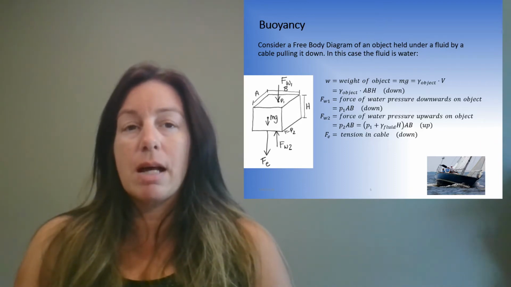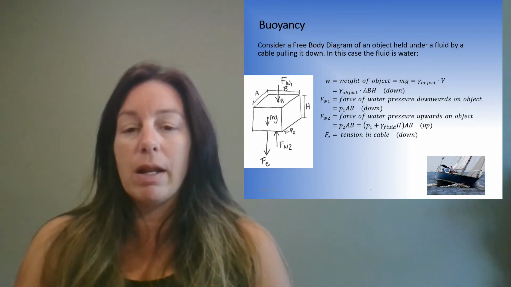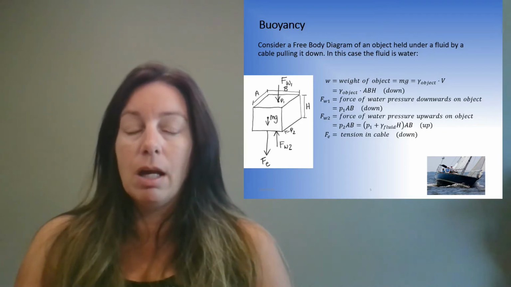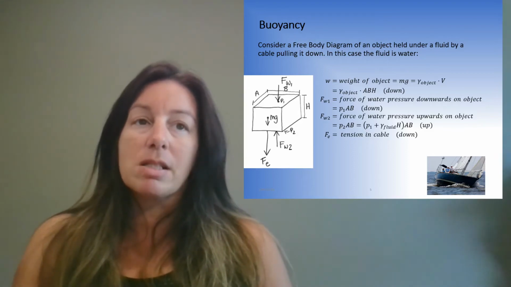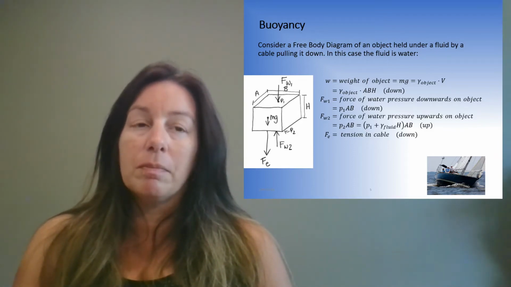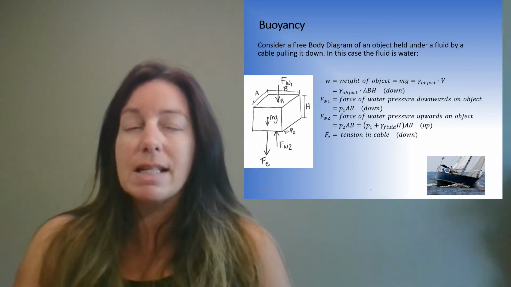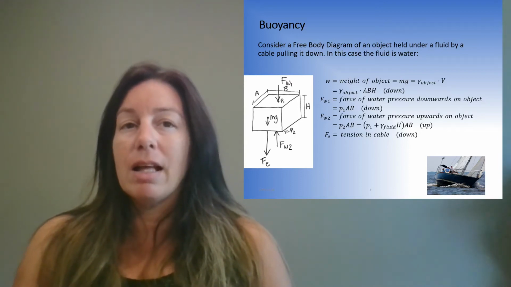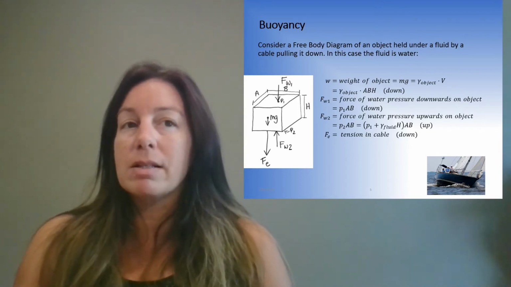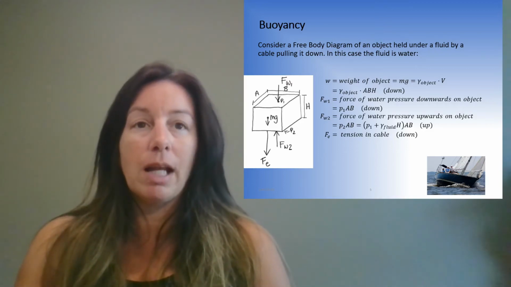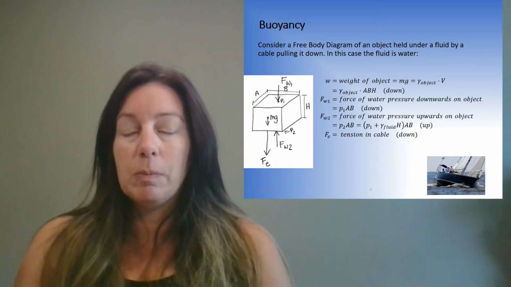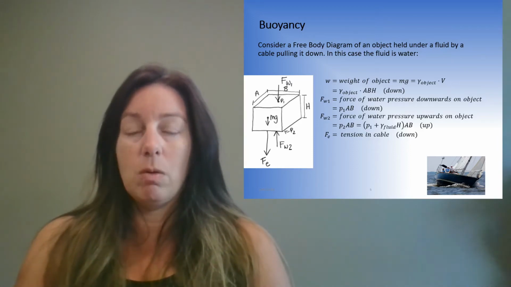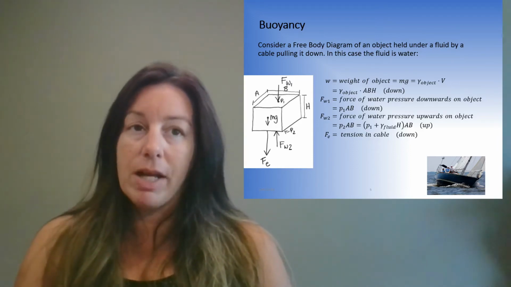We've got the weight of the object, that's mg, which is also the specific weight of the object times the volume. The volume of the object in this case is length times width times height, so A, B, H. And this force is subject to gravity, so it's acting down in our sign convention.